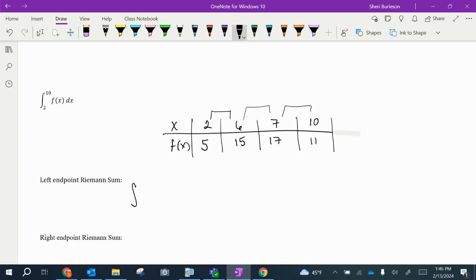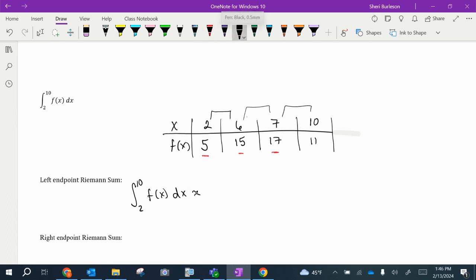If I am approximating the integral from 2 to 10 of f of x dx, I need the area, which is base times height. For a left-hand Riemann sum, these are my left-hand x values and corresponding y values.